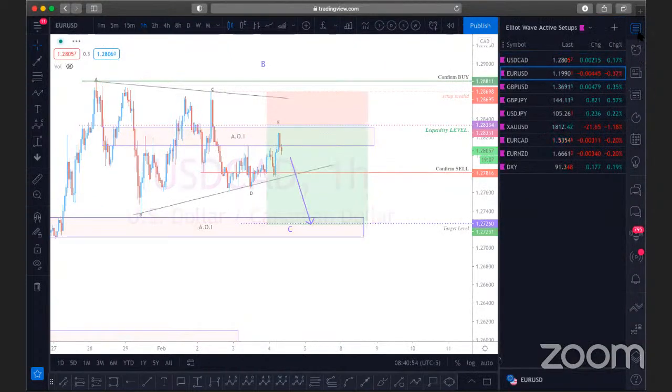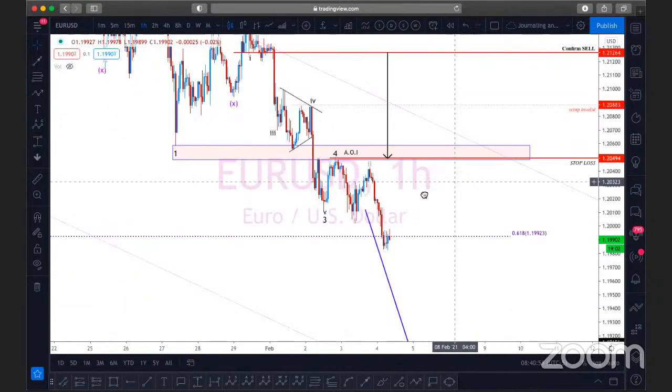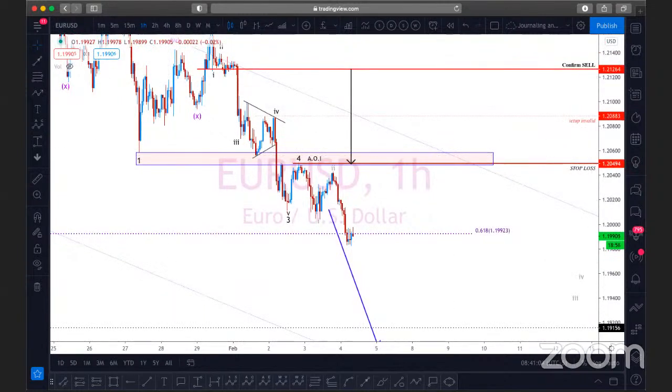Euro USD, I shared this with you guys already this morning when I did my first update. Right, that's if you're in the trading room, then you would have seen this update from me this morning.